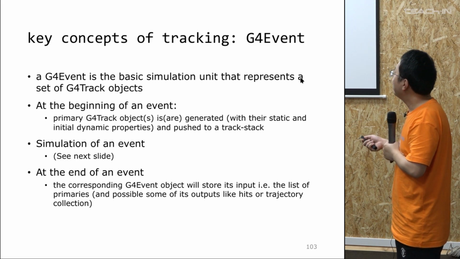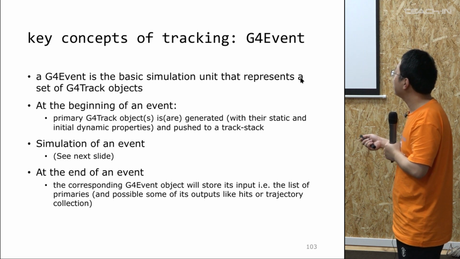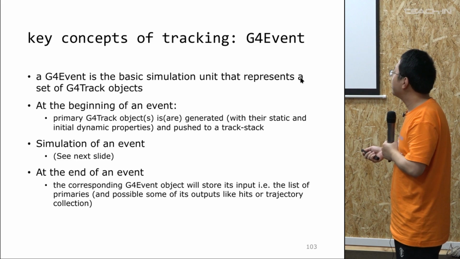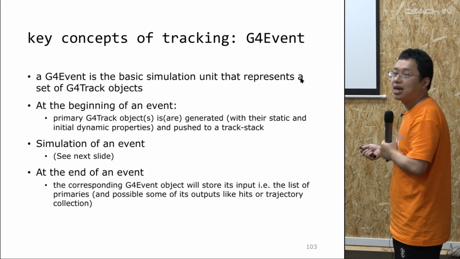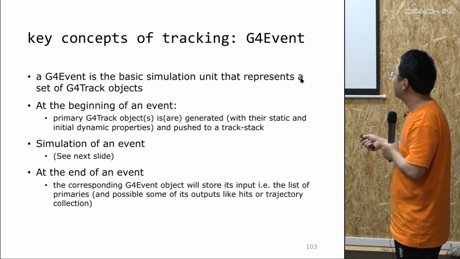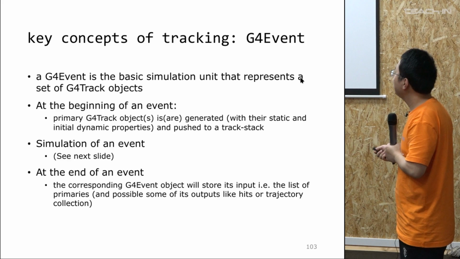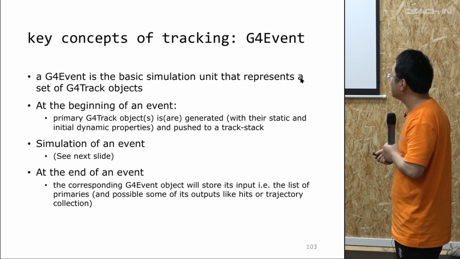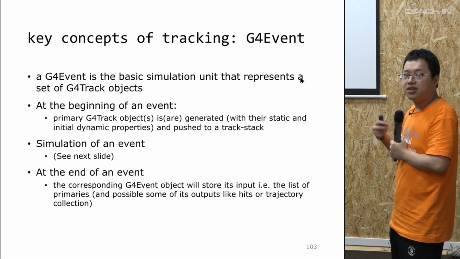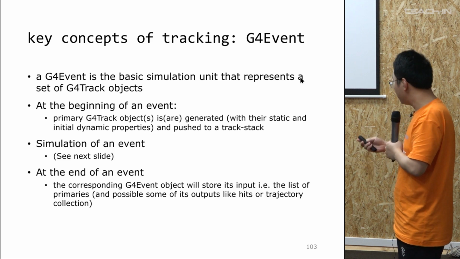One is called when the event starts, the so-called beginning of event, and another hook is called when the event ends, the end of event. By using that, you can, for example, initialize something in the beginning of event, and then after you accumulate everything during the stepping action, you can get the final event in the end of event, and all the information can be saved into, for example, the root file or some text file.